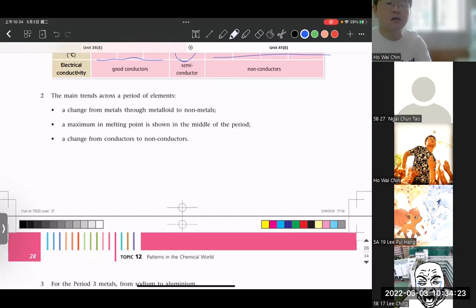Being bigger, the melting point will be relatively higher when you compare among the four. And finally, it's about the conductivity. Mainly the conductors are on the left-hand side, while the right-hand side is non-conductor, while group 4 mainly silicon, or boron in group 3, is semiconductor.